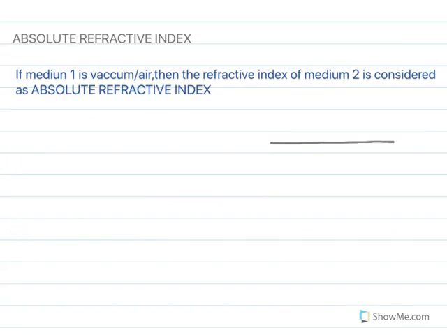We'll now learn what is absolute refractive index. Now if this medium 1 is air, then the refractive index of medium 2 is said to be the absolute refractive index. Which means if light is traveling from air to another medium, what we measure is called absolute refractive index.